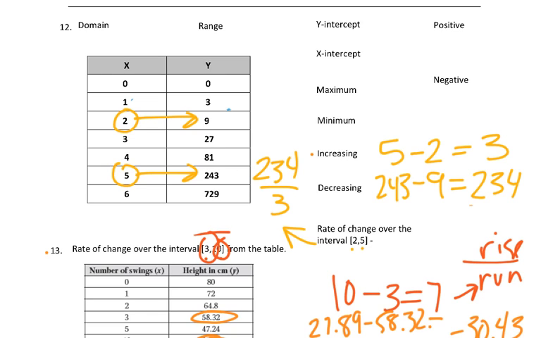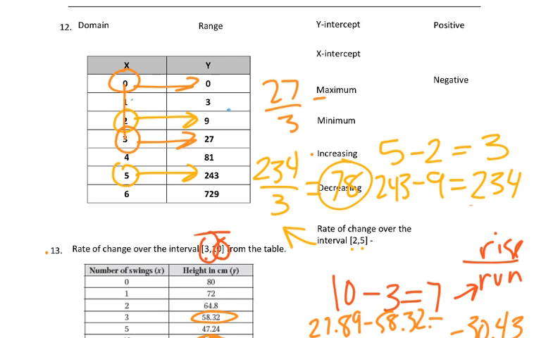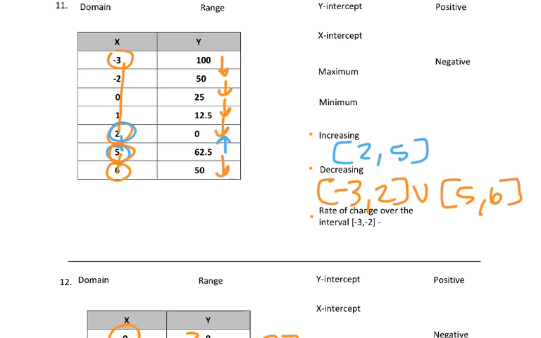If I wanted to, I could divide that by 3, and it actually comes out to 78. Really nice number. Remember, rate of change, if I were to change different ones, isn't always the same. Okay, that would be 27 over 3, which would be 9.